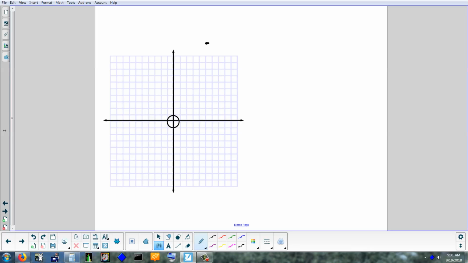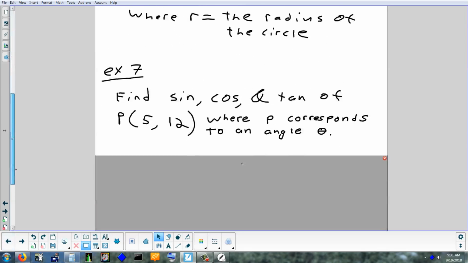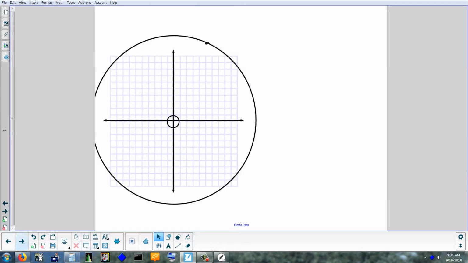Is that point on the edge of the circle? No. It's on a much, much, much bigger circle. In fact I can't even fit it on the screen completely. It's not on the unit circle. So if you see a number here that's not a half, not a root 3 over 2, not a root 2 over 2, you're on a bigger circle than the unit circle.